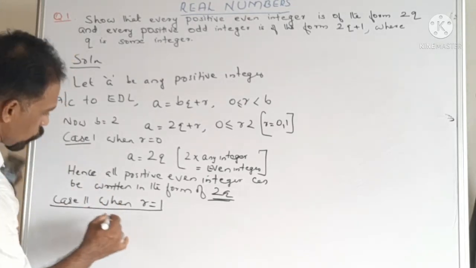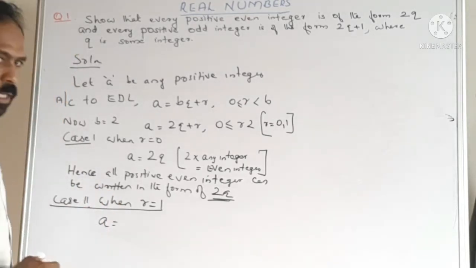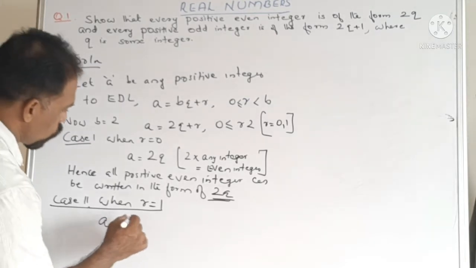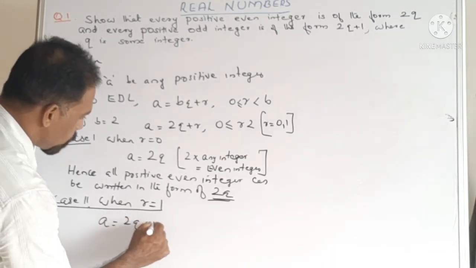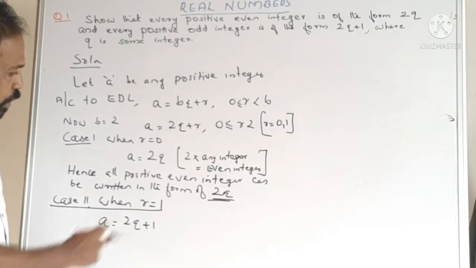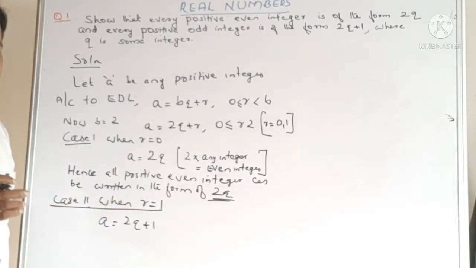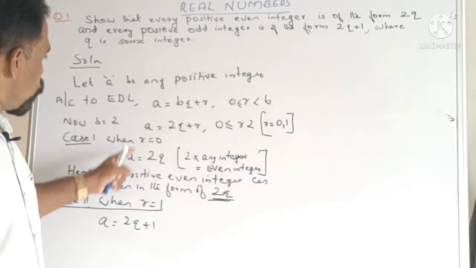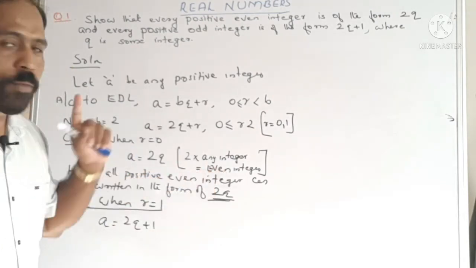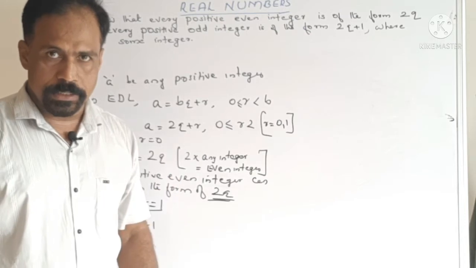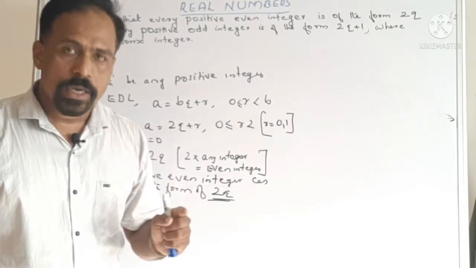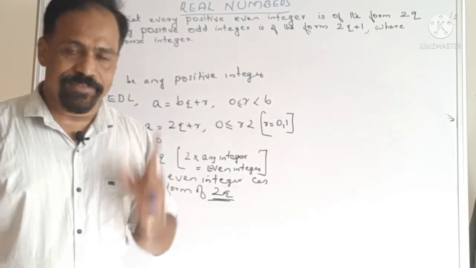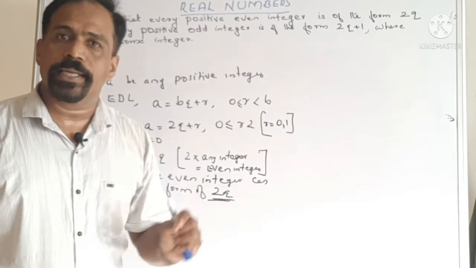So when r is equal to 1, what will be our equation? a is equal to 2q plus 1, because r is equal to 1. Now you see, we have already proved that 2q is the form of an even integer. So if you add 1 to any even integer, you will always get an odd integer.